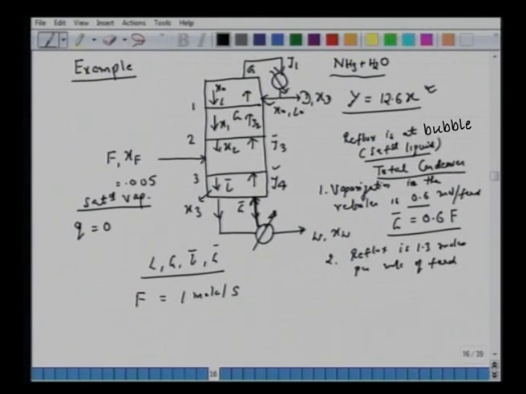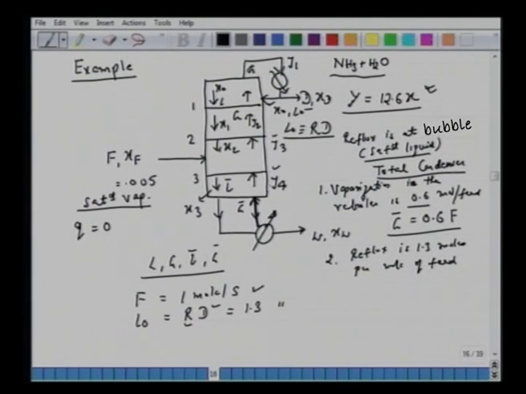So when this is D here, your L0 which goes back as the reflux is R into D, if R is the external reflux ratio. Here reflux is 1.3 times per mole of feed. So when we choose F as 1 mole per second, L0, which is R into D, where neither D nor R is given, equals 1.3, same units, moles per second.